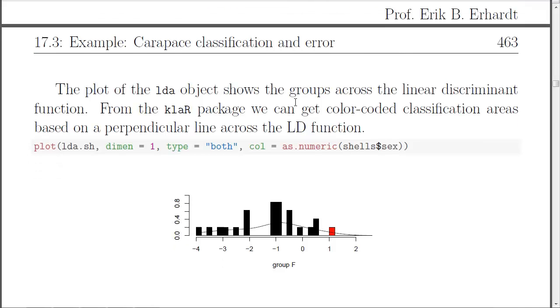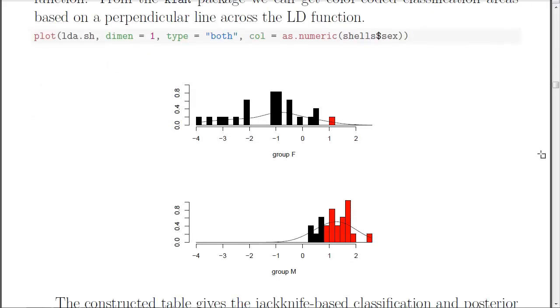If I look at only one dimension of the data rather than showing the bivariate plot and ask how well we classify into group female and group male, the black bars here are females that are correctly classified, and we have 1 misclassification over here. So basically the rule here is if this linear discriminant axis is roughly about 3/4, that's roughly the decision rule for being a female on the left and a male on the right.